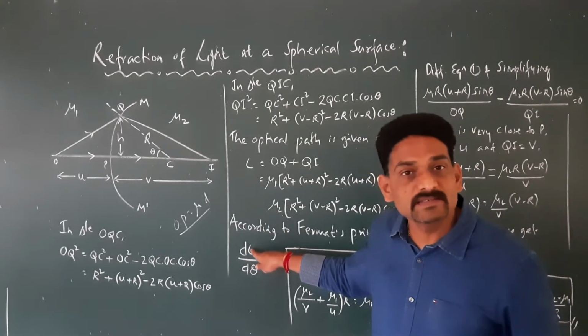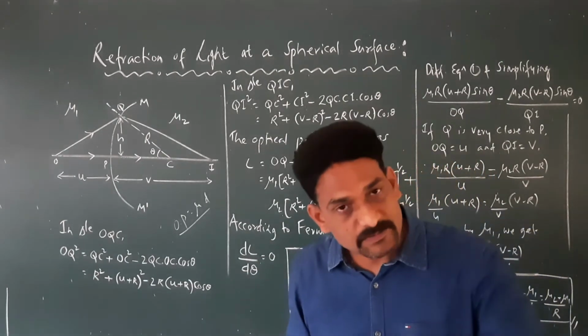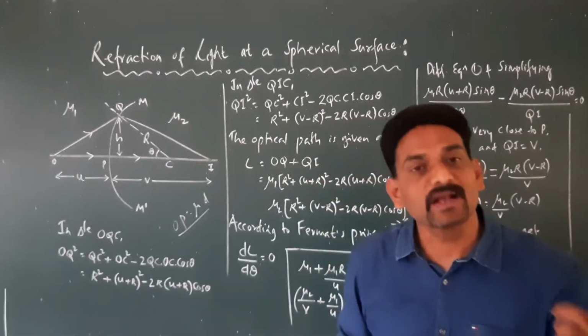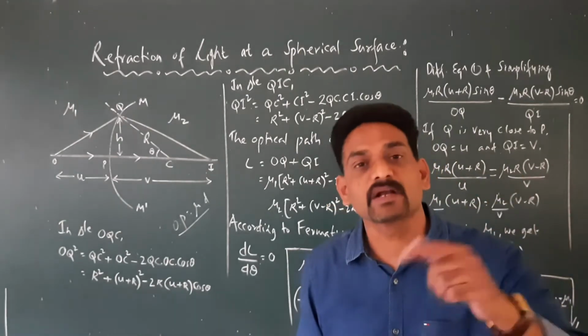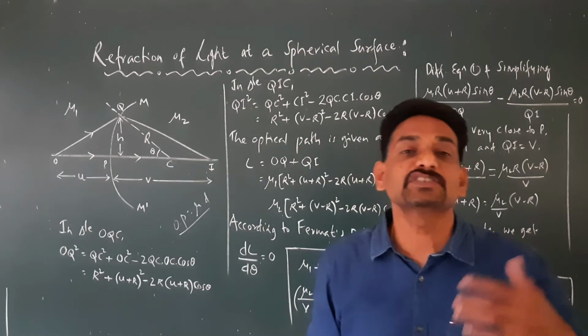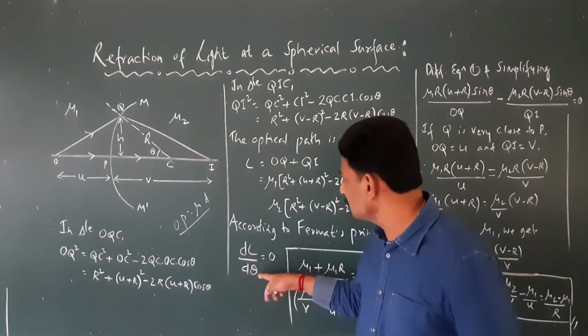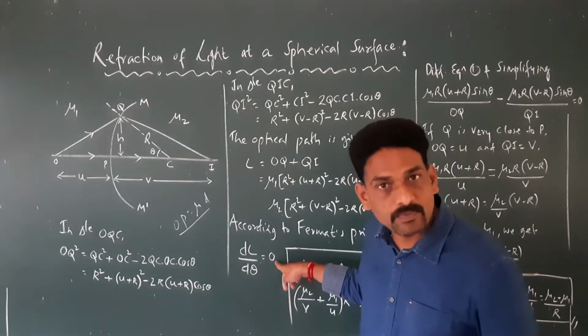Why? Because L is a constant, that is the optical path as per Fermat's principle, which is either minimum, a constant, or maximum, a constant, or stationary, again a constant. So differentiation of a constant is going to be 0. Therefore, we say dL by d theta is equal to 0.